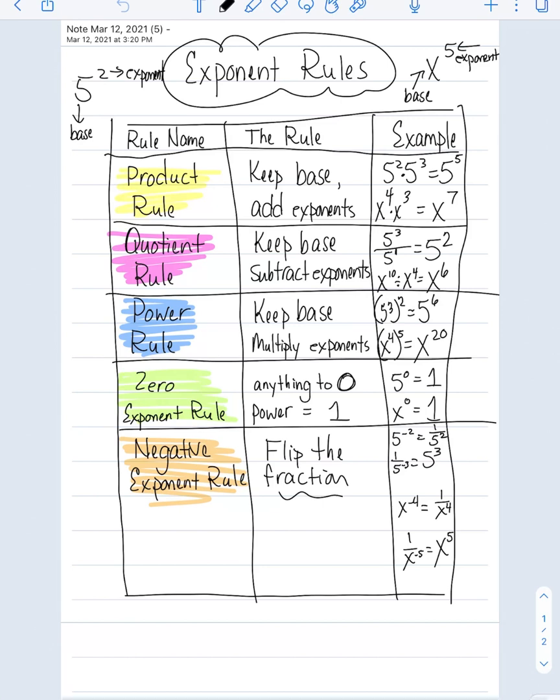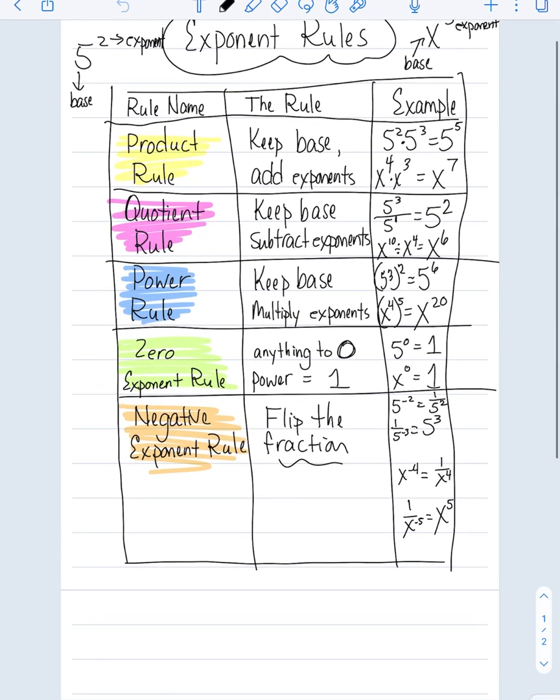So now let's take a look at how to tackle a problem that has more than one of these rules. A lot of your questions, you can just use one rule at a time. But let's look at one that has a couple of these put together. So let's call this example 1. Let's say I have 4 to the 5th power times 4 to the 3rd power divided by 4 to the 2nd power.